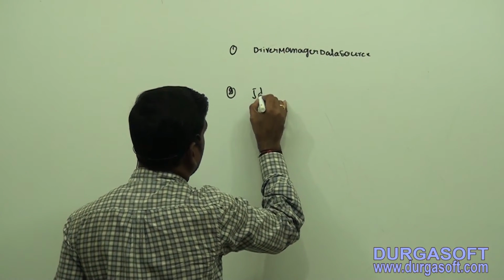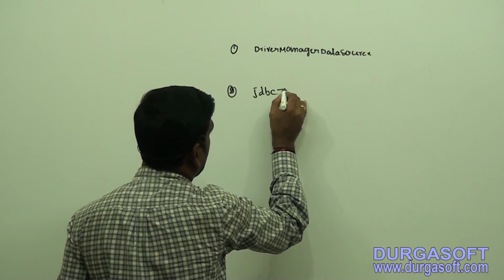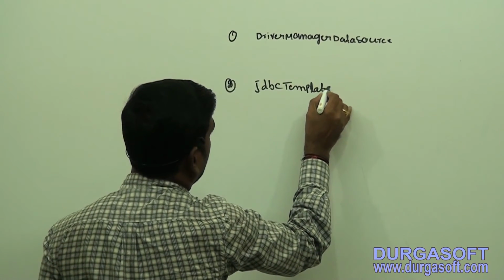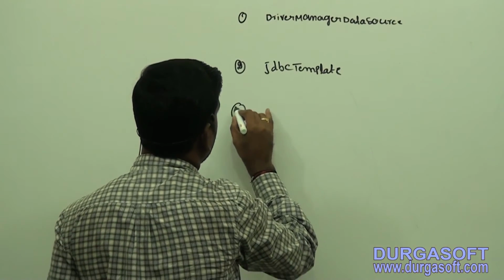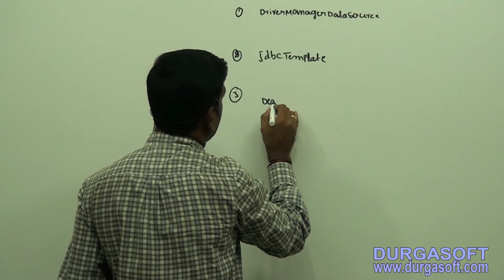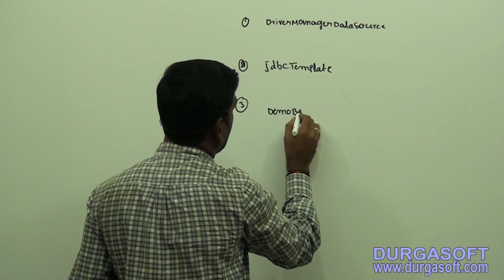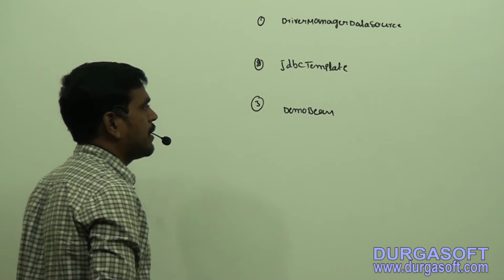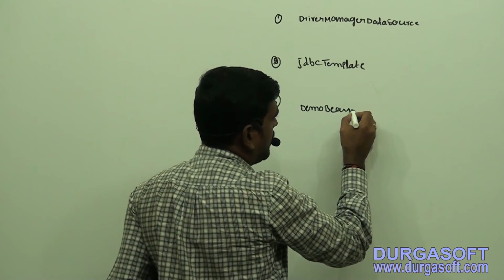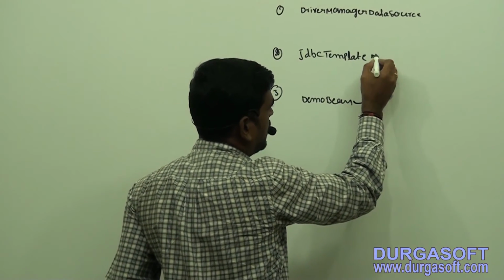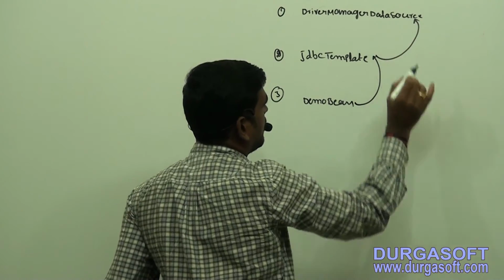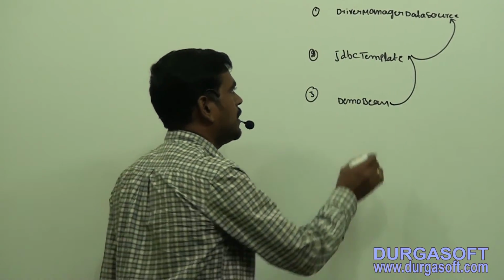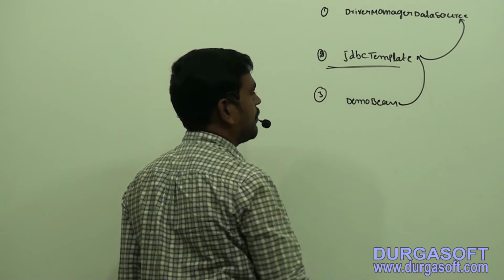JdbcTemplate. Number 3 is what? DemoBean. We need to configure these 3 classes. Why? Because this DemoBean is depending on JdbcTemplate, and JdbcTemplate is depending on DriverManagerDataSource. So that means we need to configure the JdbcTemplate, right?